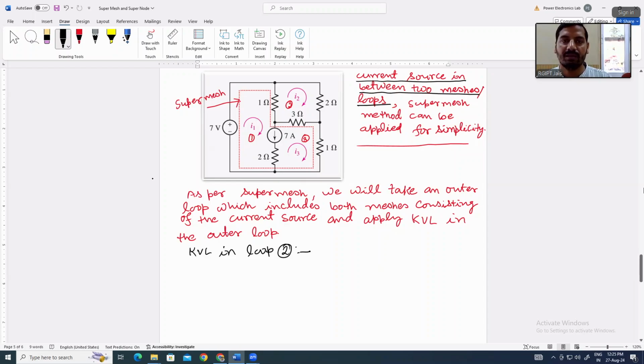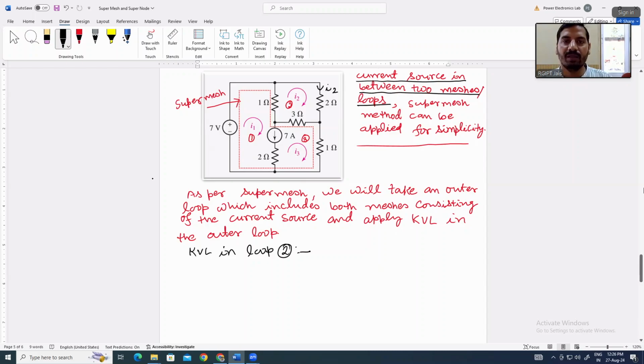Can we apply KVL in loop 2? We can apply it because we have assumed the current direction in the loop, that is I2. So what is the current flowing in this branch? I2.